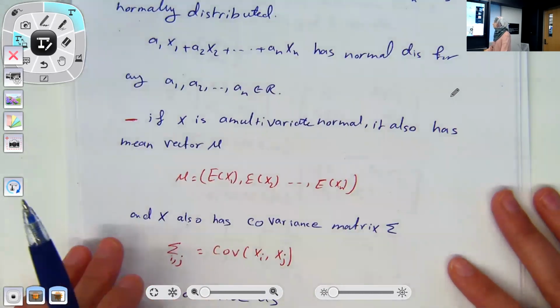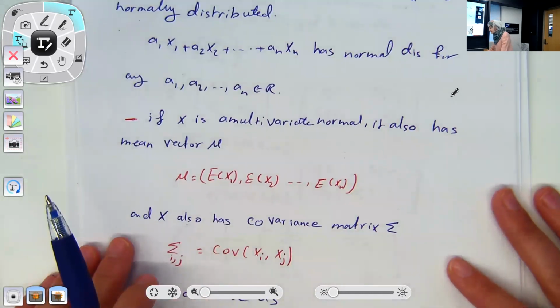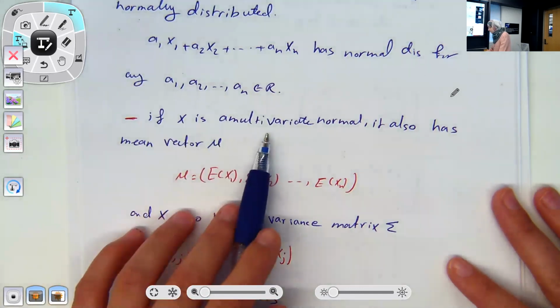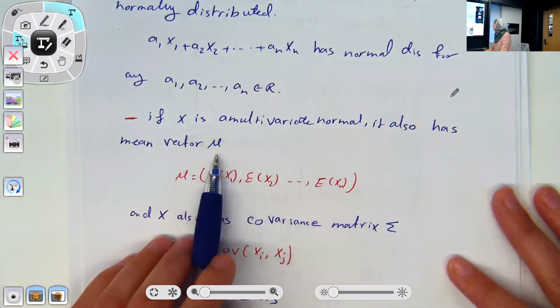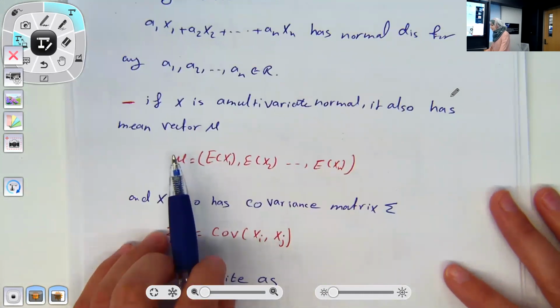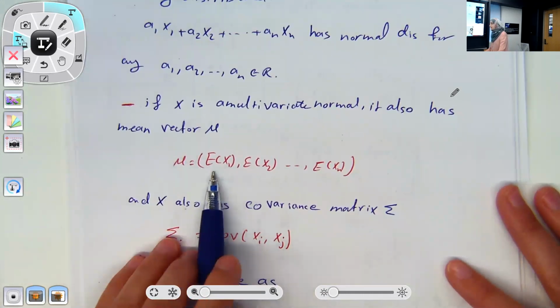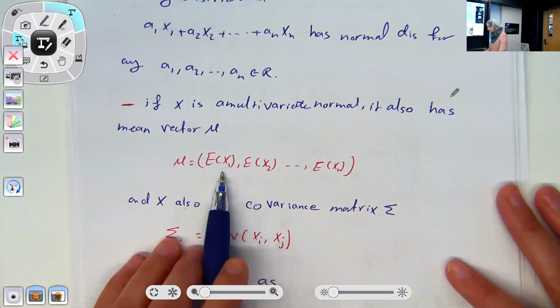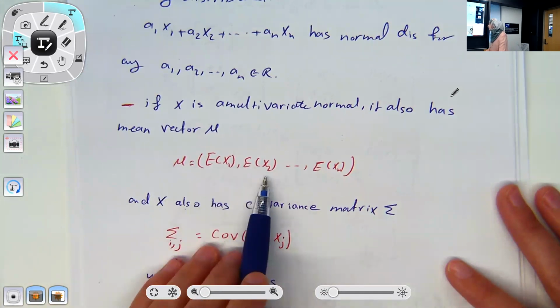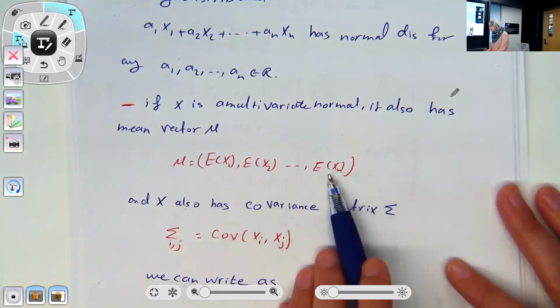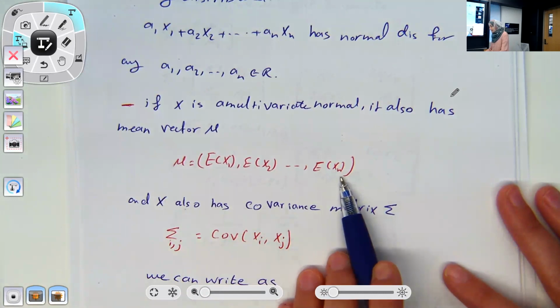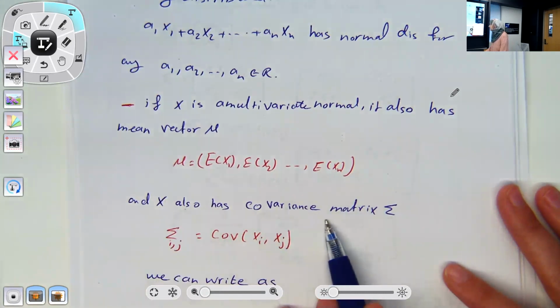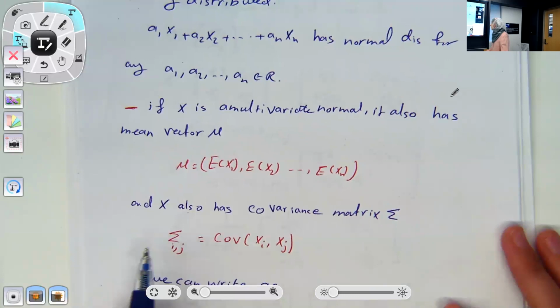There are two things you need to know about this multivariate. If x is a multivariate normal, the mean is a vector, and the value of the mean equals the expected value of x1, the expected value of x2, up to the expected value of xn. And also the covariance matrix, which we call sigma.